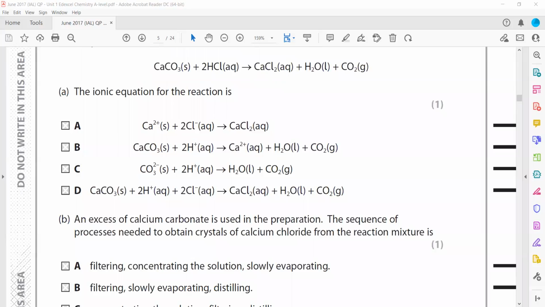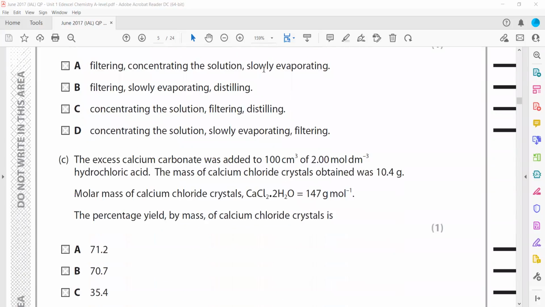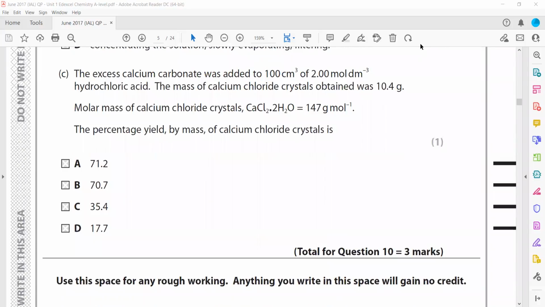The ratio is 2:1. Then multiply by molar mass, we'll get the mass in grams. Then the practical value divided by the theoretical value times 100 gives the yield for this reaction, which is about 70.7%.